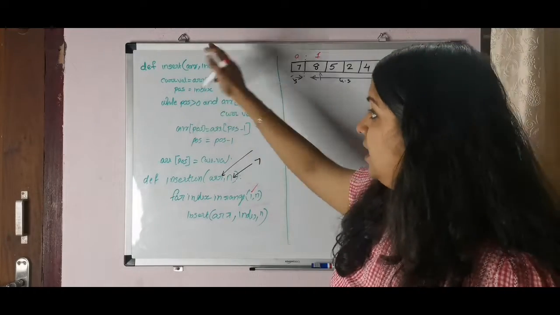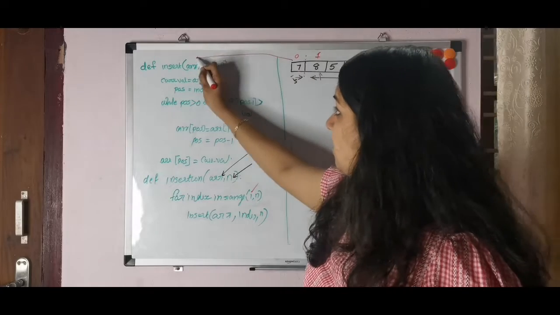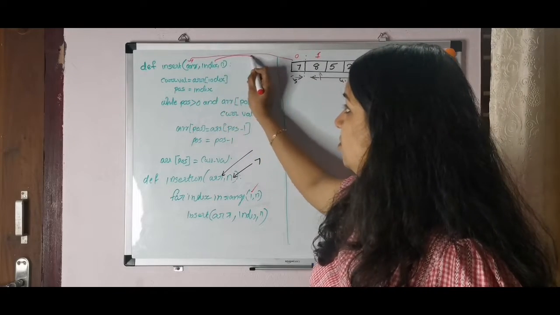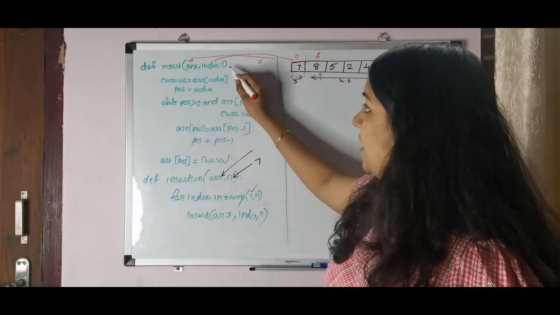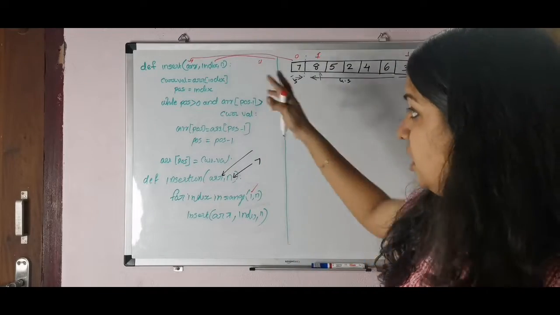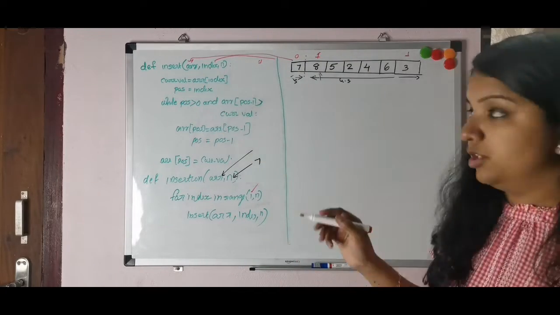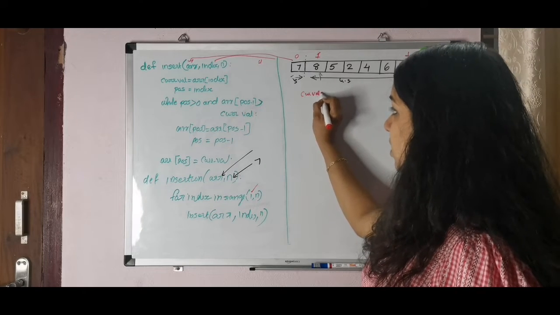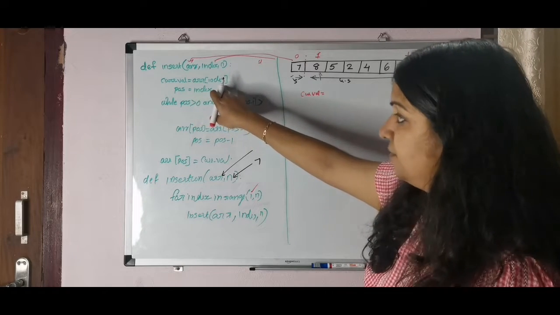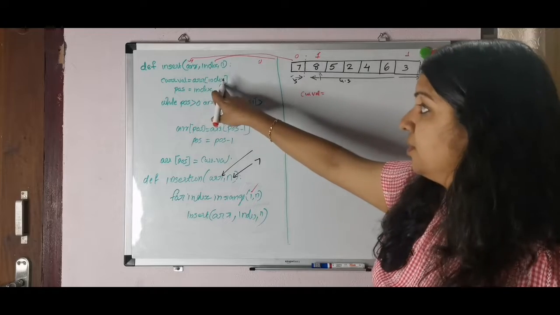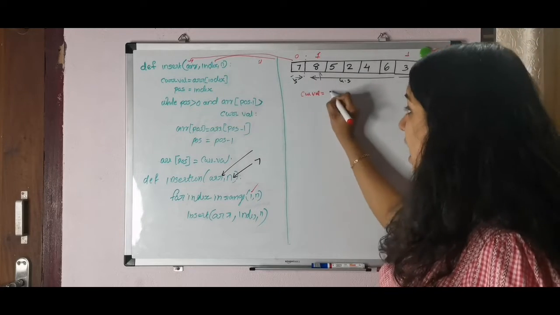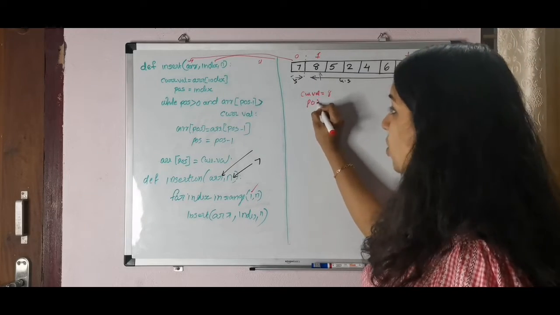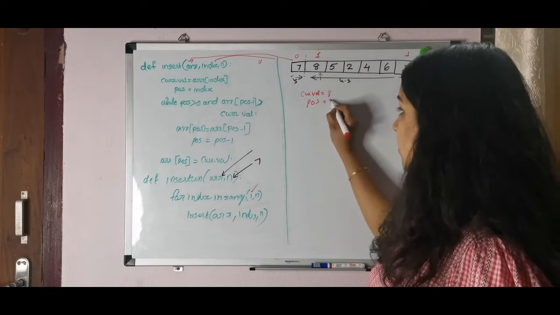So here we get the array, index equal to 1 and n equal to 7. The current value equals array of index, so array of 1, that means 8, and position equals index, that means 1.